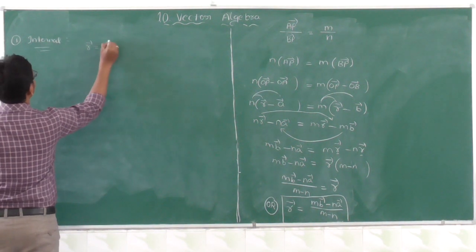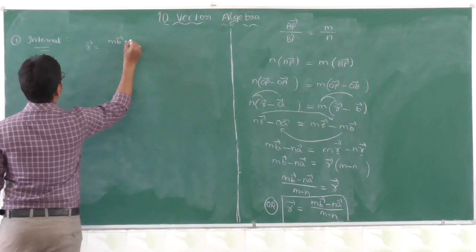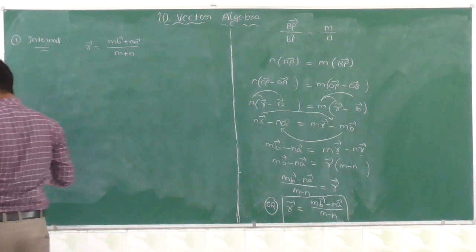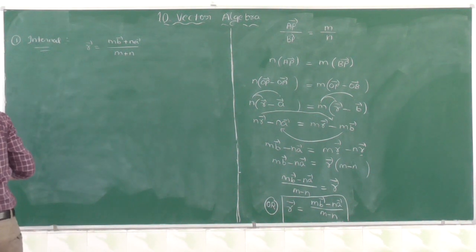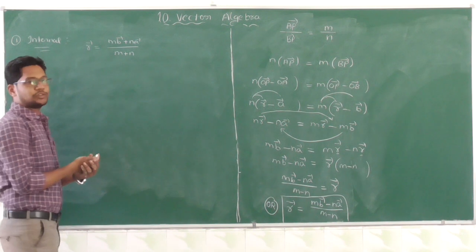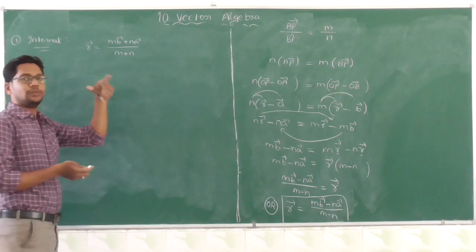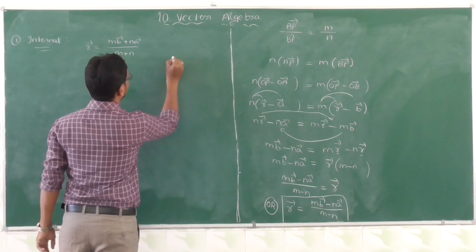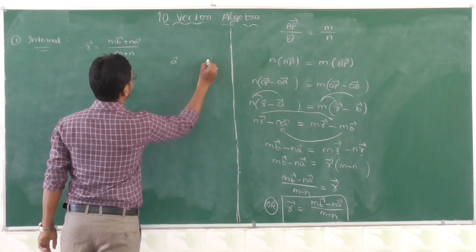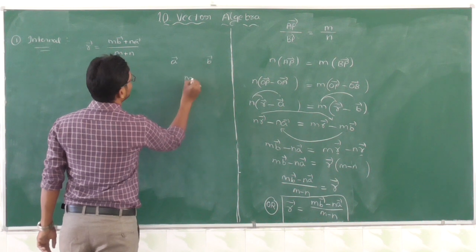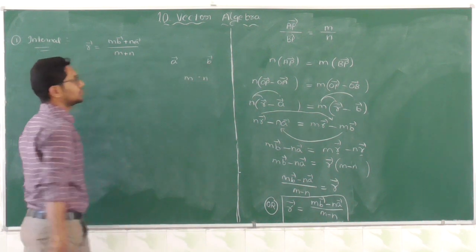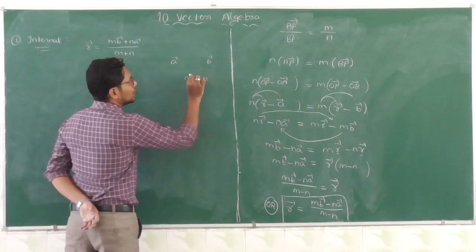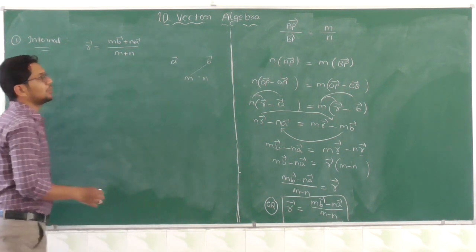R vector equals m B vector plus n A vector divided by m plus n. Just see how you are going to remember this one. It is vector A, it is vector B, m is to n. Take the cross multiplication.